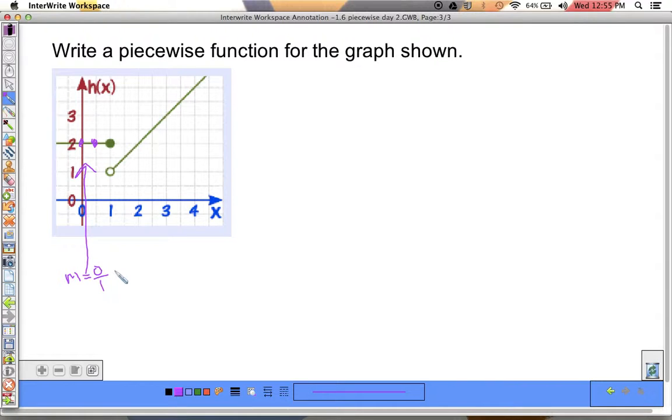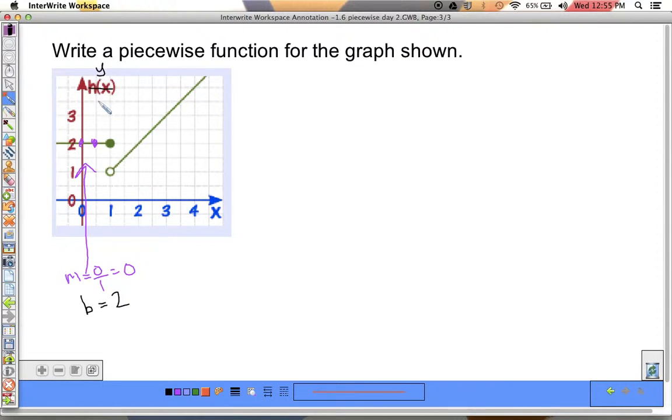So your slope is 0. And then your y-intercept, remember h of x is just like a y. That's the same as a y. So your y-intercept is at 2, crosses at 2.